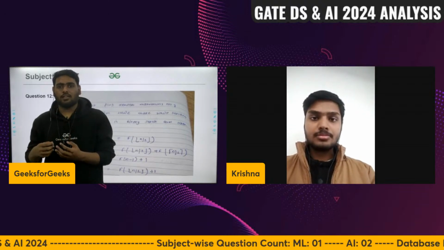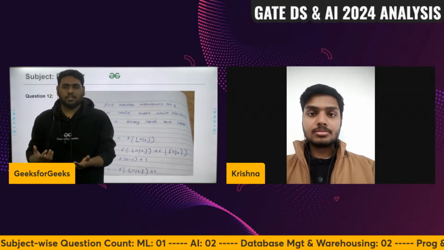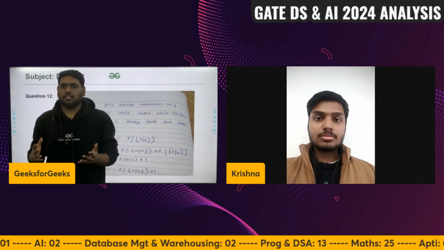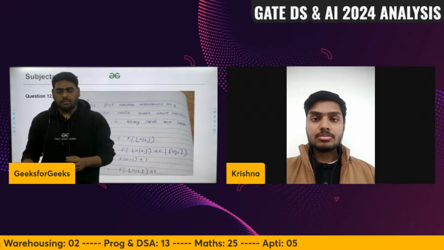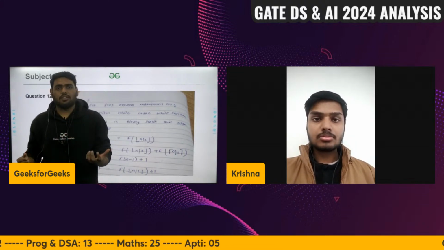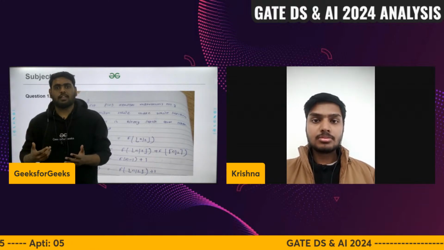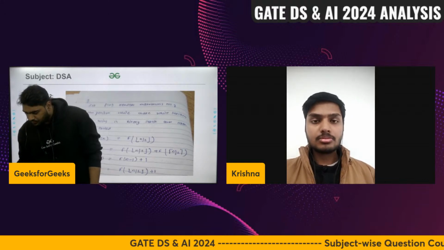Some people are saying it was tough for them, but Krishna was actually very well prepared. He is saying that it was from easy to moderate level. And talking about reasoning as well, he himself says that, seeing the previous GATE exams, the reasoning in this DS paper is comparatively easier.